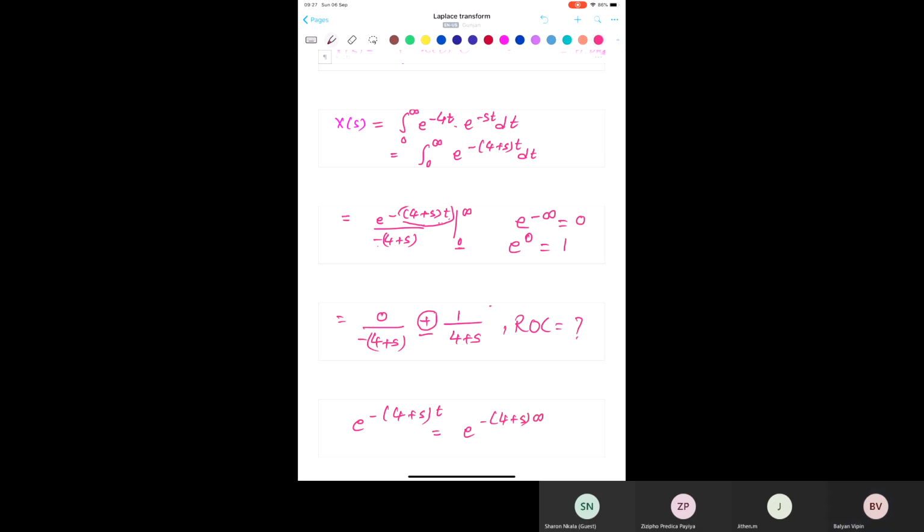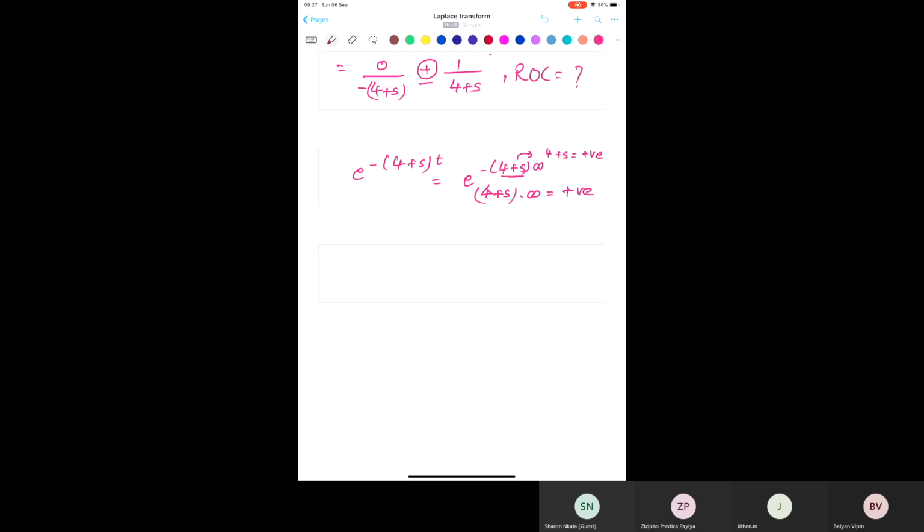So, if I write it like this, infinite. If this thing is positive, meaning 4 plus s is positive, then 4 plus s into infinite will be positive. Then e raised to the power minus 4 plus s infinite is equal to e raised to the power minus infinite, equal to 0.